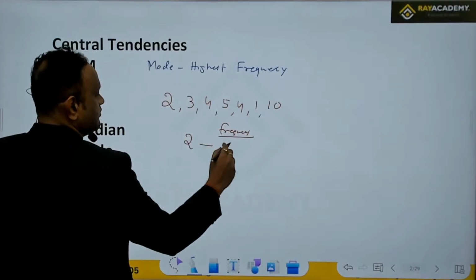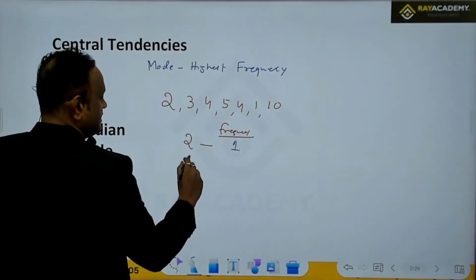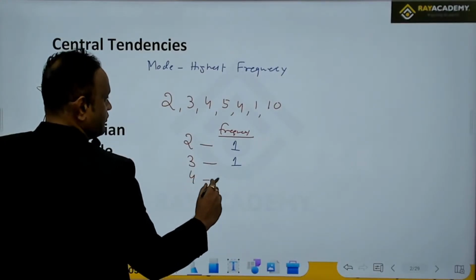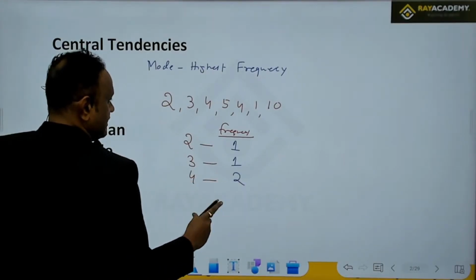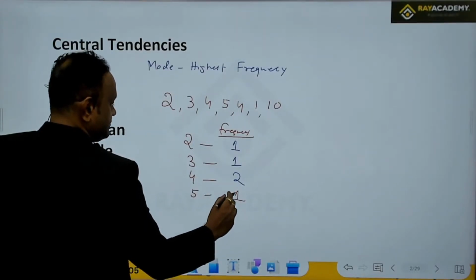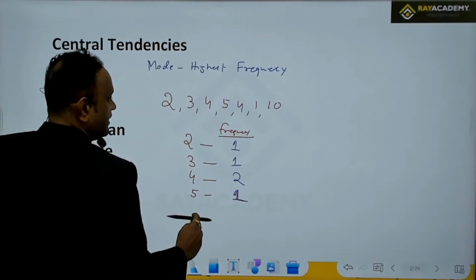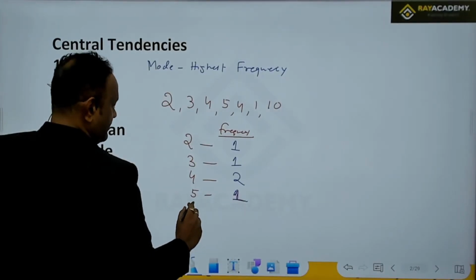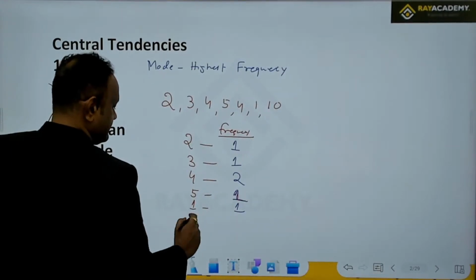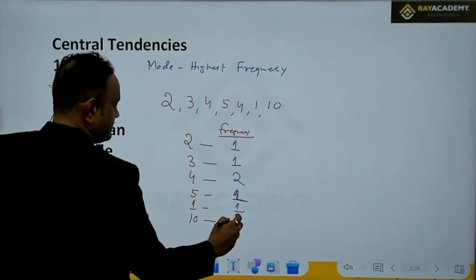How many times is 2 there? 2 is once. How many times is 3 there? 3 is once. But how many times is 4 there? 4 is there 2 times. And 5? 5 is once. And what is left, 1 is also once and 10 once.